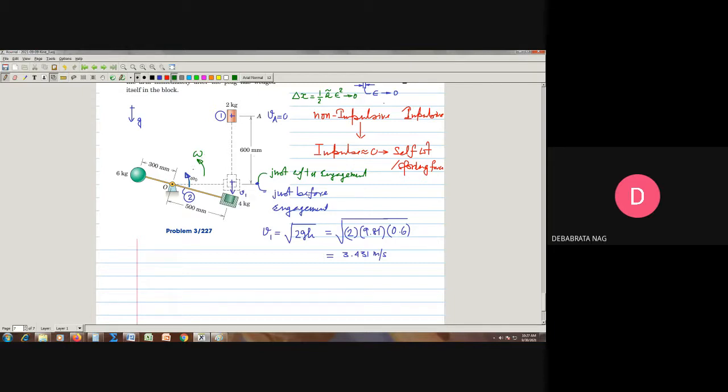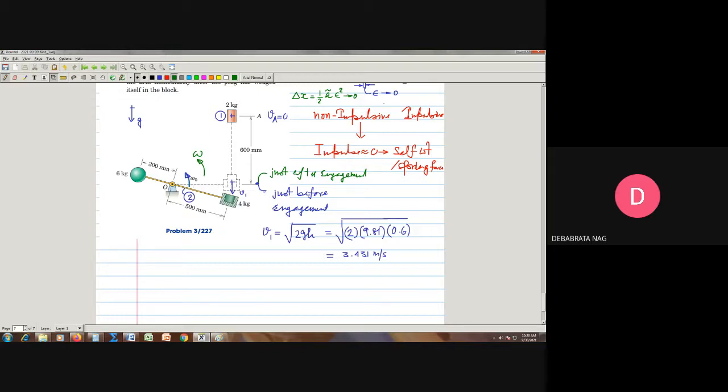Since no forces other than the force due to gravity are acting, we can calculate the forces generated here.